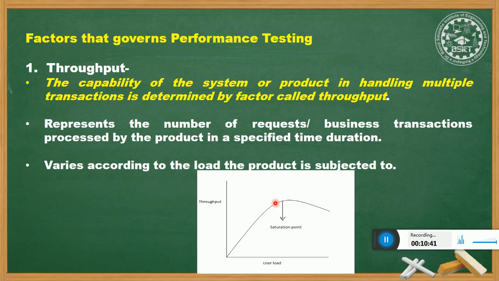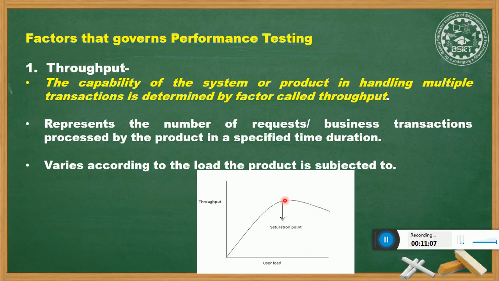The response time is good, and it also represents that the system is capable of handling multiple requests that come from the users. So this is the maximum limit, or what you can say the saturation point, till which the throughput is good.